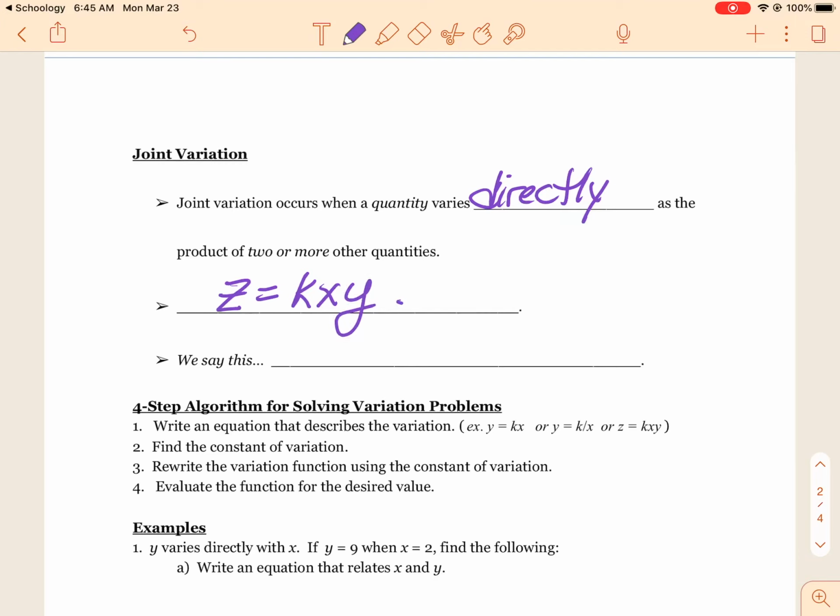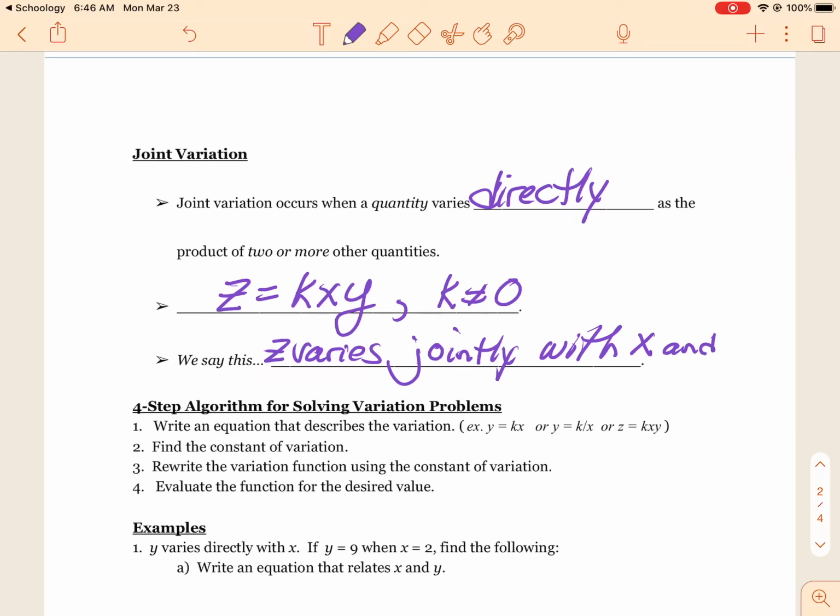So k times x times y. K still can't be 0. And the way we would read that is z varies jointly with both x and y.